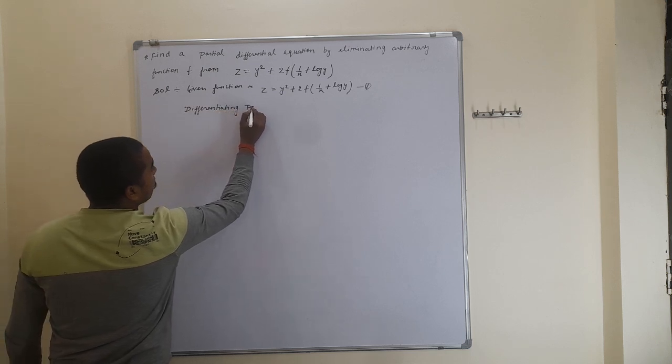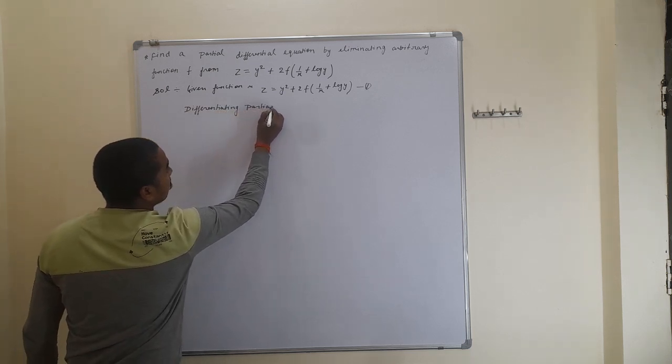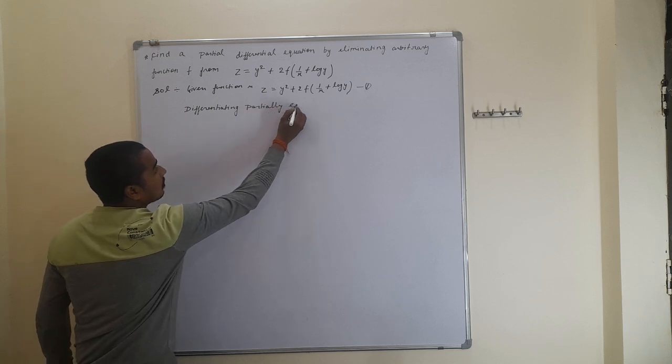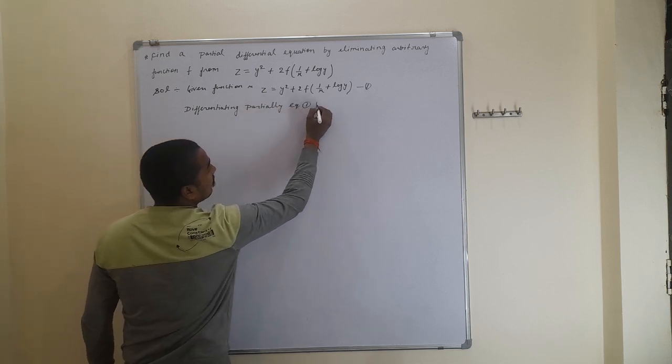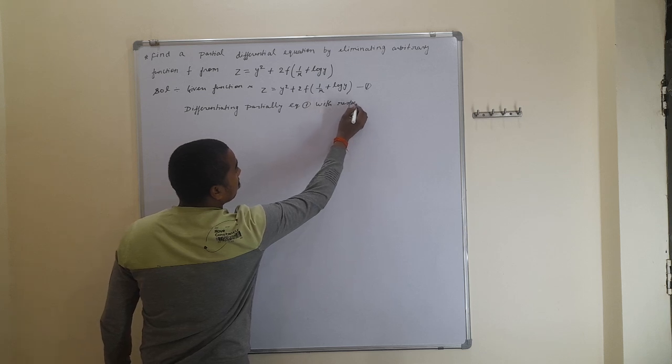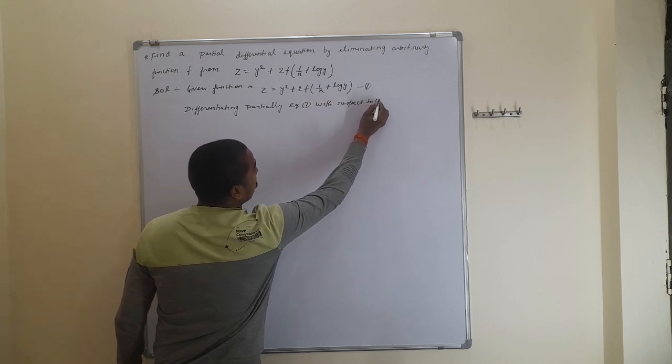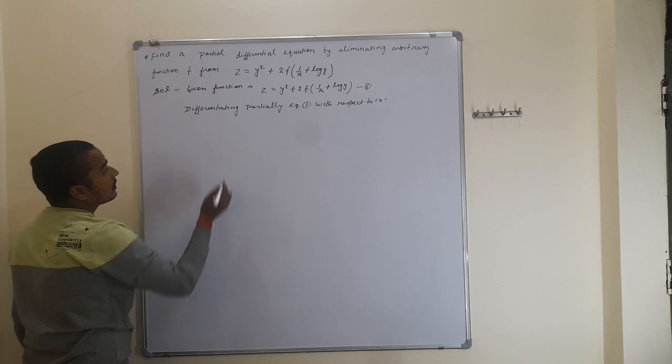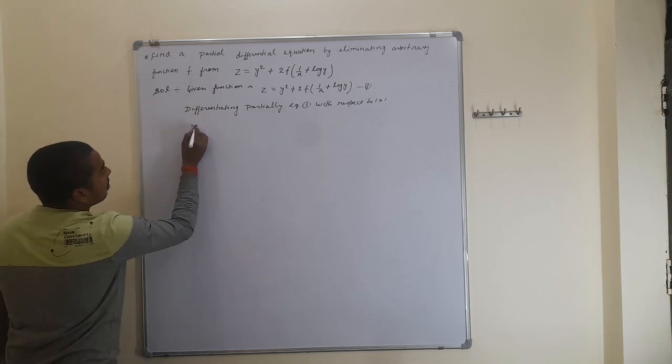Differentiating equation 1 partially with respect to x, we get ∂z/∂x.